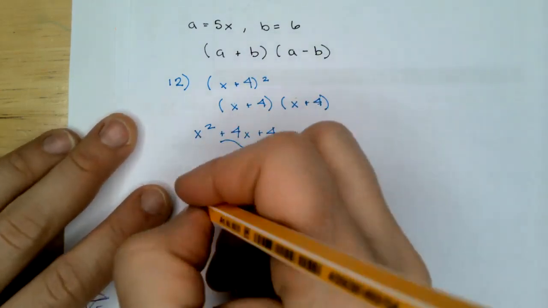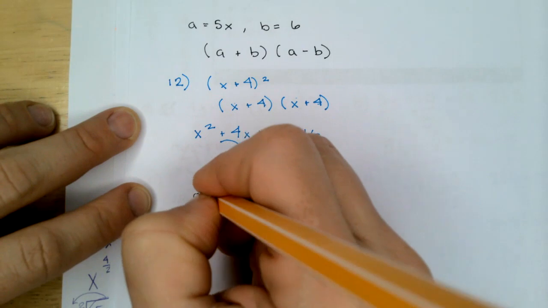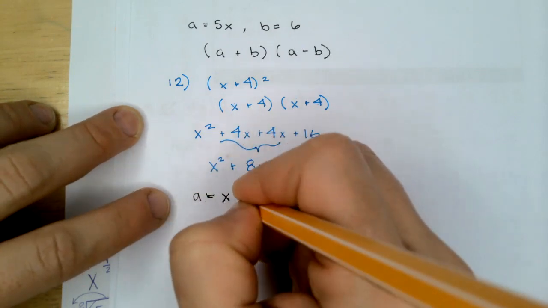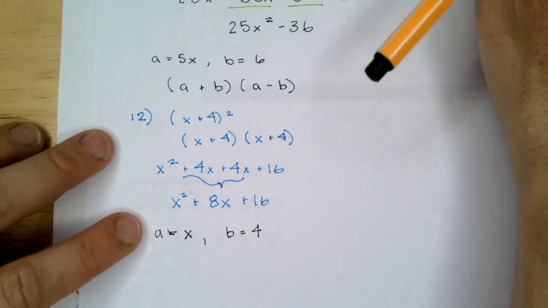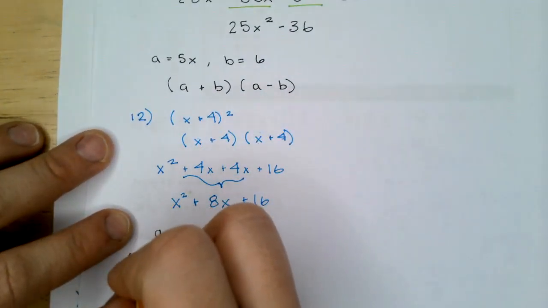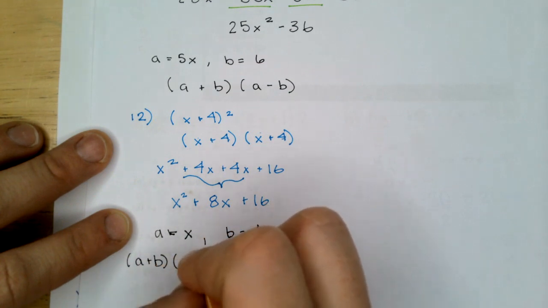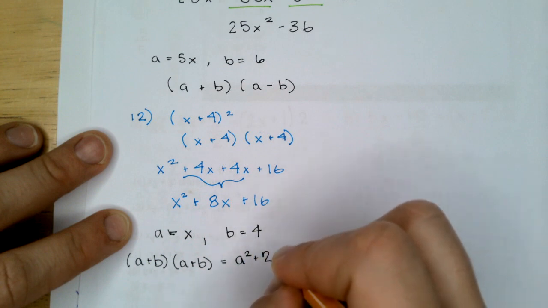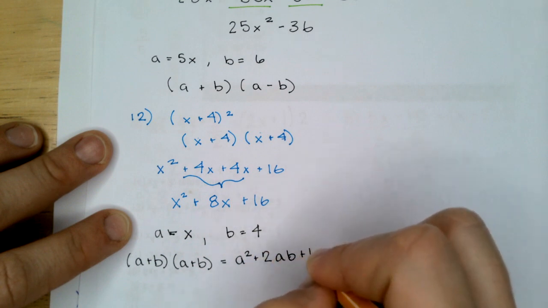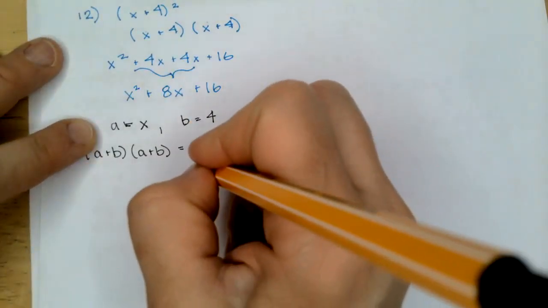4x and 4x is 8x. Everything else stays the same. So here we had A is x and B is 4, right? So for this formula, A plus B squared, or A plus B times A plus B, is A squared plus 2 times A times B plus B squared. Now I just substitute.